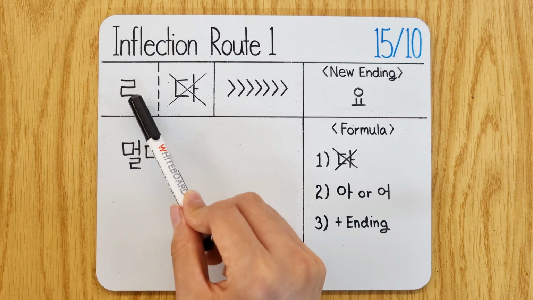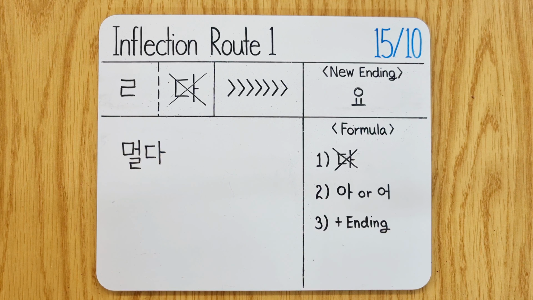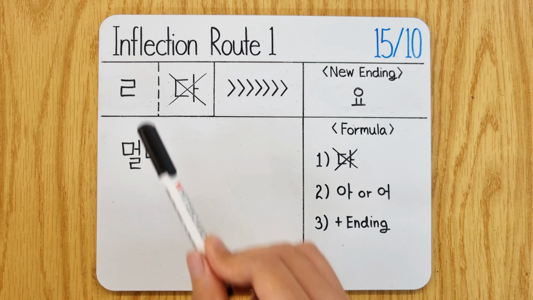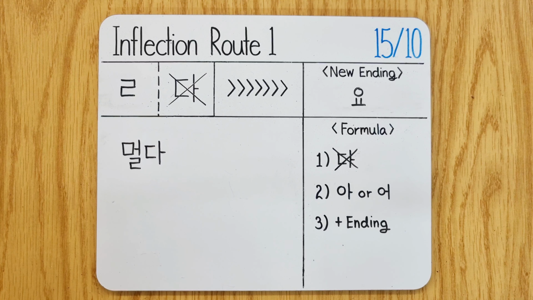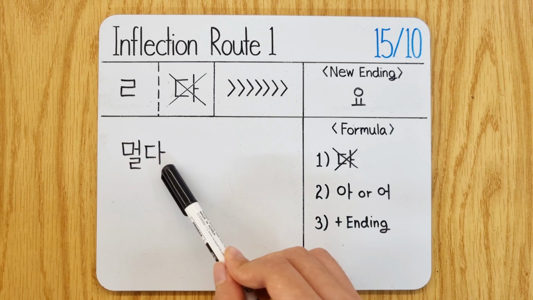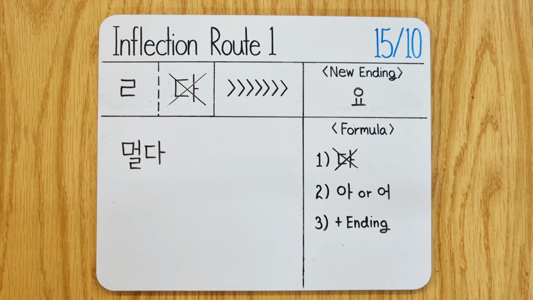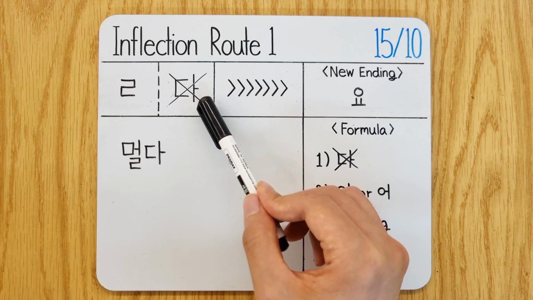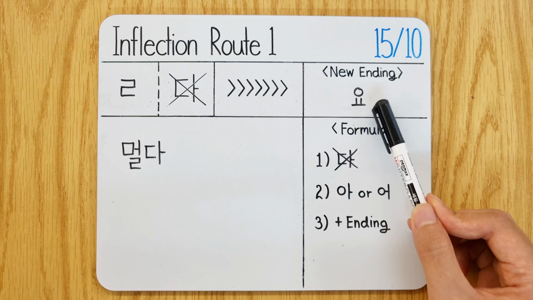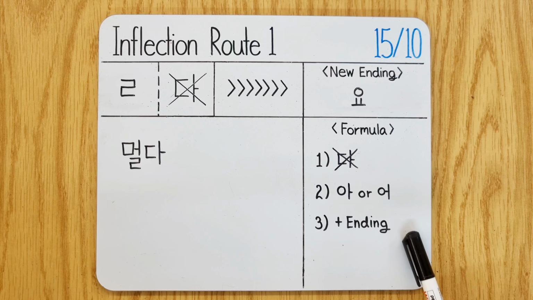If this consonant is placed in front of a vowel, then it will sound a little bit closer to R. However, if it is placed in front of a consonant or at the end of a word, then it will sound a little bit closer to L. So, when you have a display form that ends with the L or R consonant, once ta is removed, in order to inflect the ta ending into some kind of a new ending, you will go back to the familiar three-step formula.